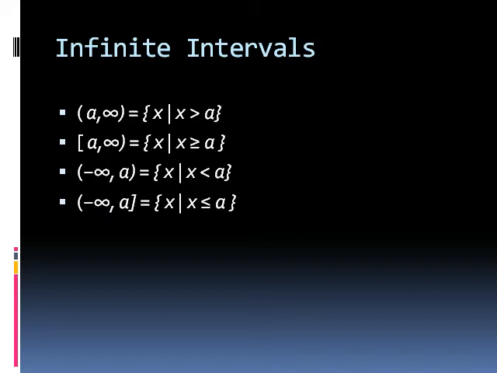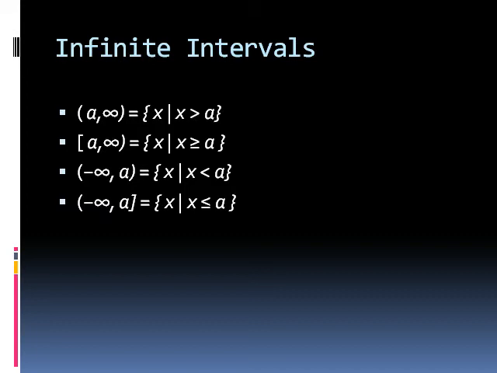Now the one we touched on is called finite intervals, where a and b are particular numbers. We also have something called infinite intervals, where we don't have a range.